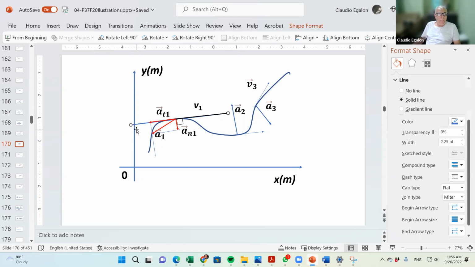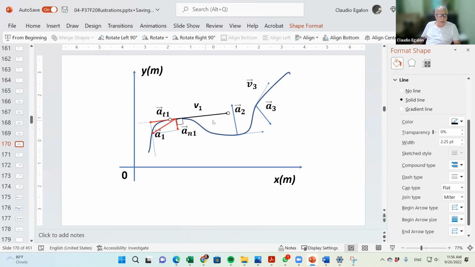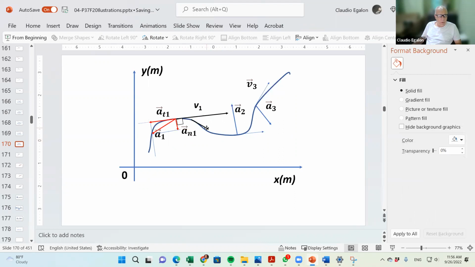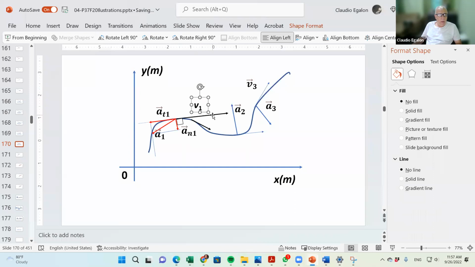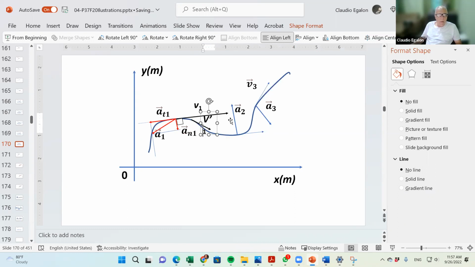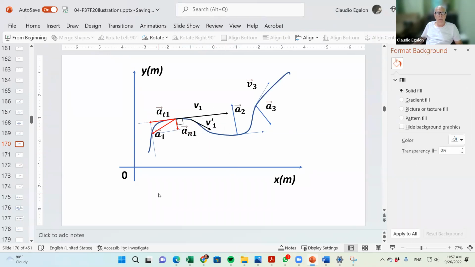If the velocity vector is this long at this spot, a little bit later this velocity vector is going to be a little bit shorter because the acceleration is acting on this vector in the opposite direction. I'll call this one V1 prime.